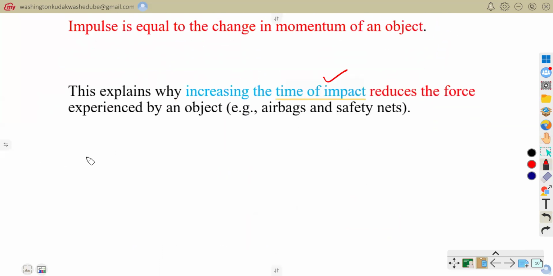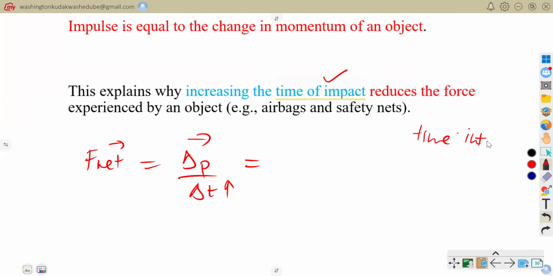If net force is equal to the rate of change of momentum, then when the time interval increases, our net force is going to decrease.